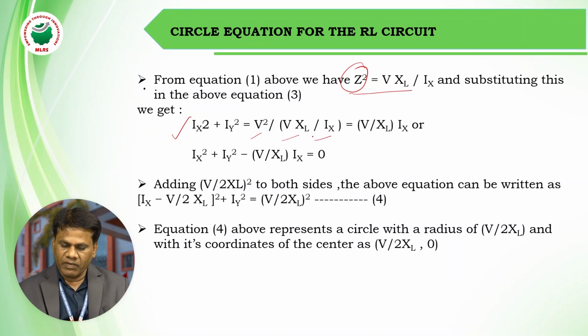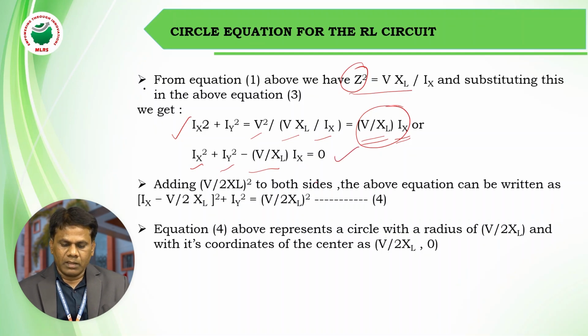Simplifying, we get V by XL times Ix. Bringing the right-hand side to the left, Ix square plus Iy square minus V by XL times Ix is equal to 0.